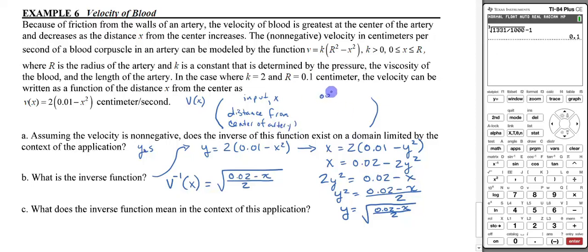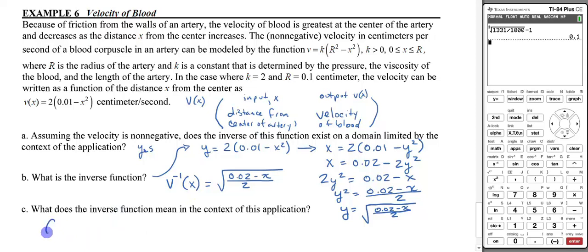And the output, they're using v of x, is the output. And the output is giving the velocity of blood. Okay, so the inverse function, what that means is that this output is now the input of the v inverse function, and this input is now the output of the v inverse function.